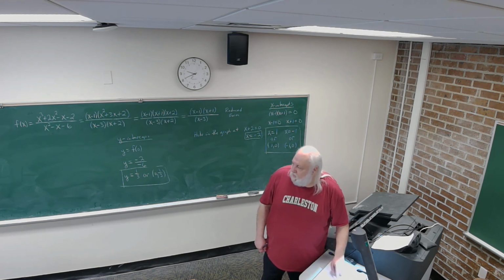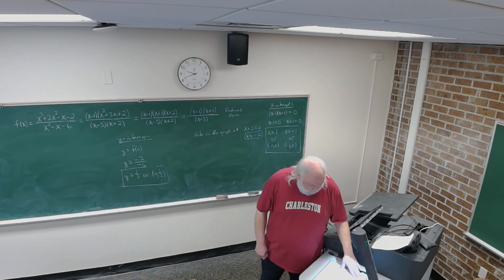Graphically, as x increases without bound, the graph is getting closer and closer to the horizontal line y equals 2. And on the left end, as x decreases without bound, the y values are getting closer to 2.